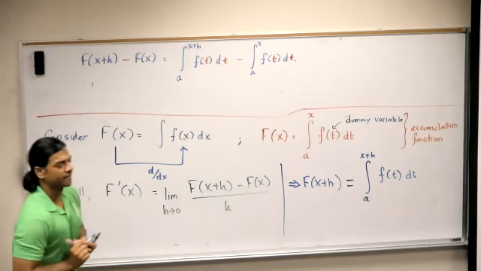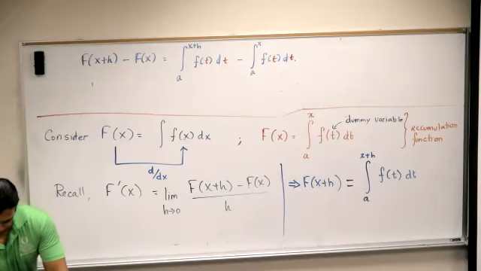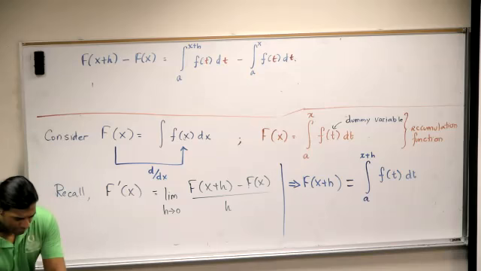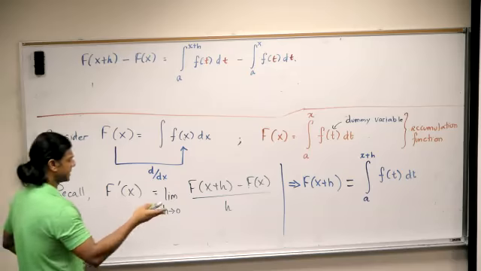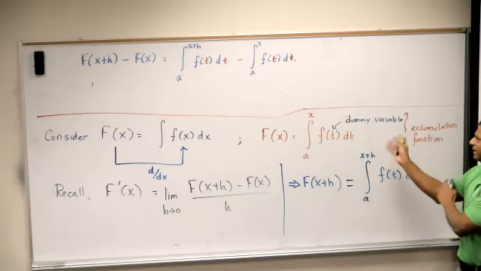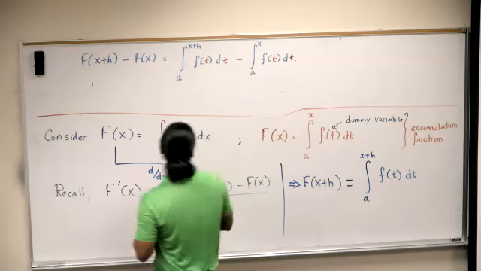T is the dummy variable. Dummy variable, substitution variable, all the same, but in this context, it is the dummy variable.